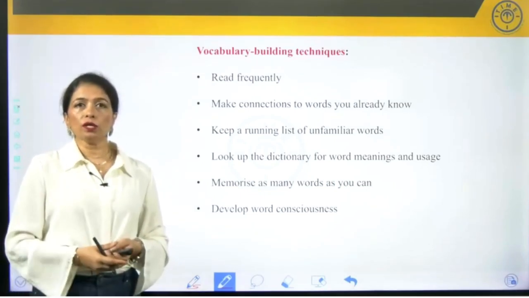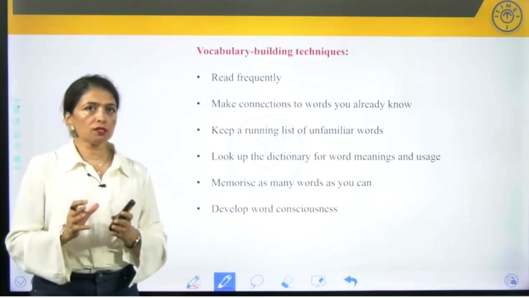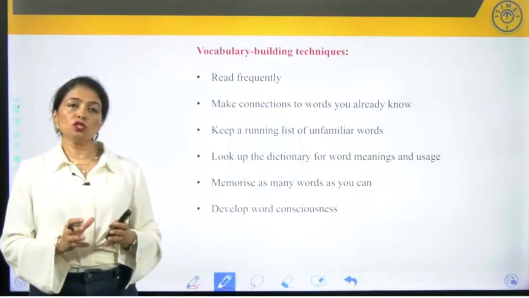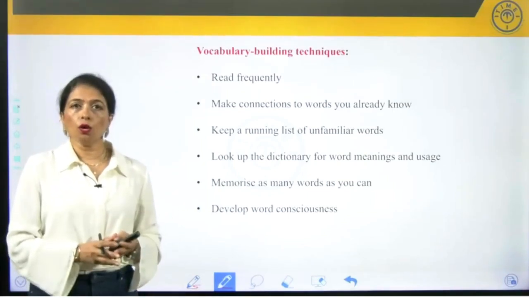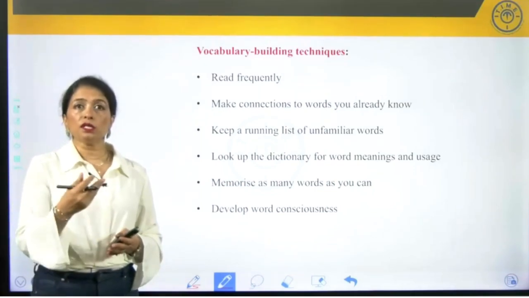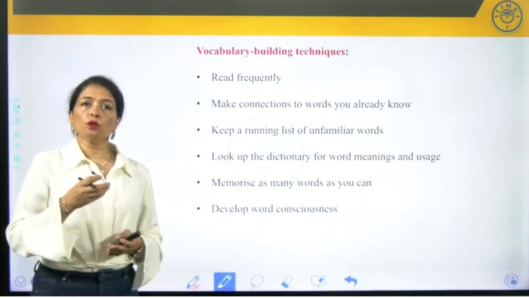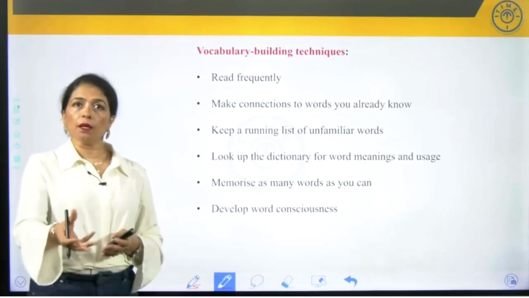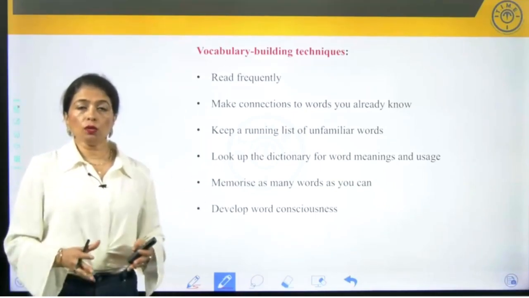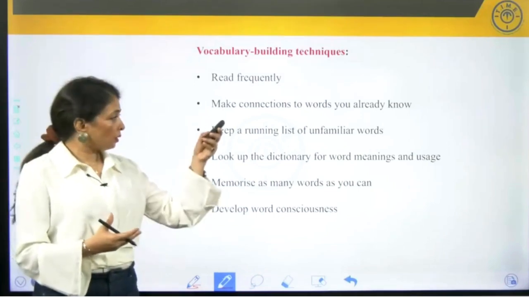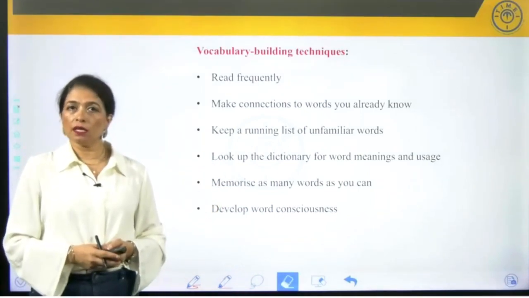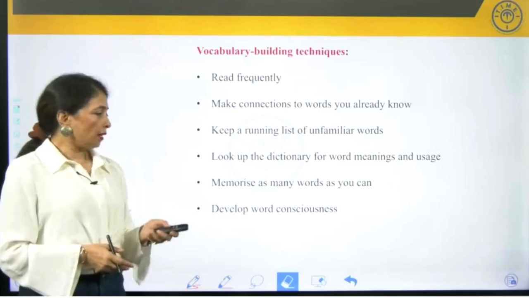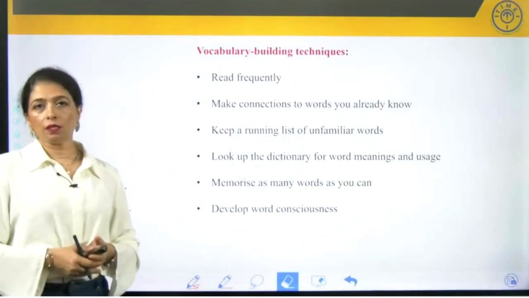So this is word consciousness. You don't just know a word, you don't just know what it means, but also what it connotes, what it denotes, and you also know which other word it can be paired with. So you need to keep reading and keep making sure that all these steps are in place so that your word consciousness keeps growing.